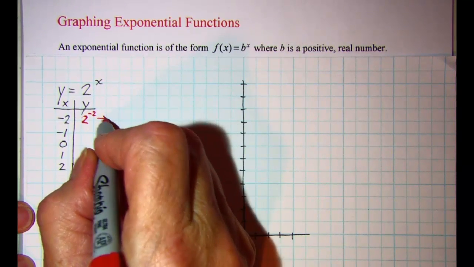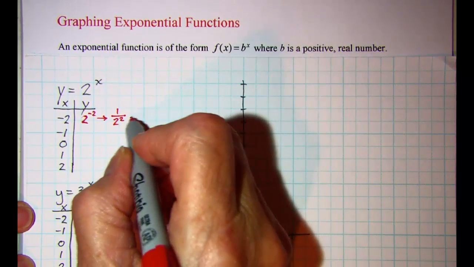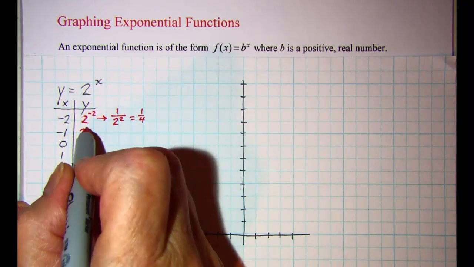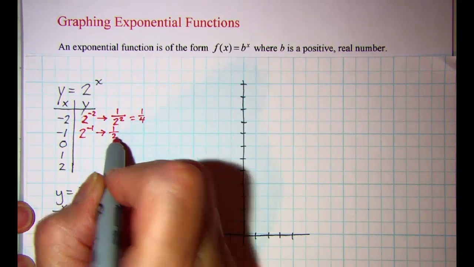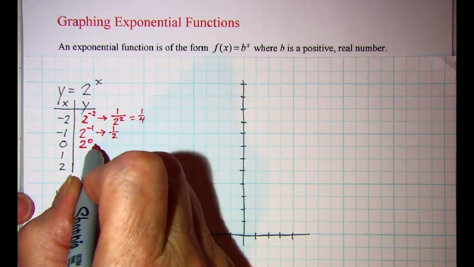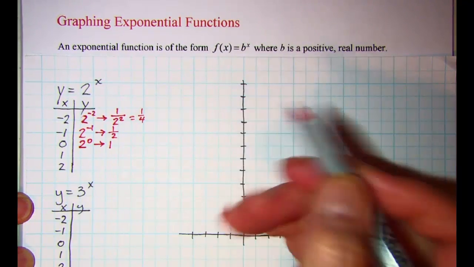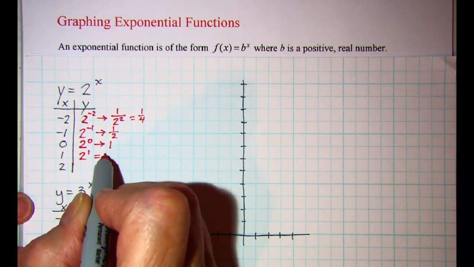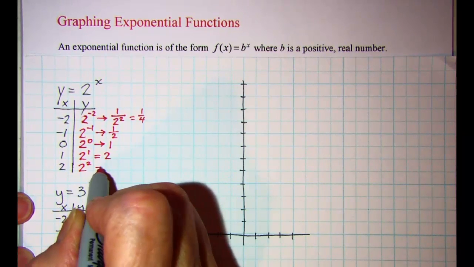So this is 1 over 2 squared, which is 1/4. 2 raised to the negative 1 power will be 1 over 2. 2 raised to the 0 power, we know that anything to the 0 power is 1. 2 raised to the 1 is 2. And 2 raised to the second power is 4.